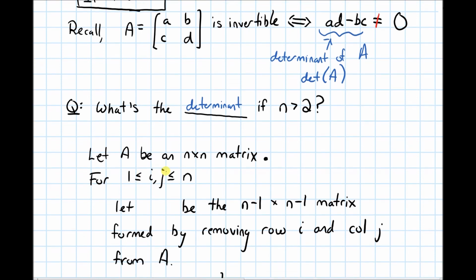When this is true, I'm going to let capital A subscript i, j be the n minus 1 by n minus 1 matrix that's formed by removing row i and column j from the matrix A.